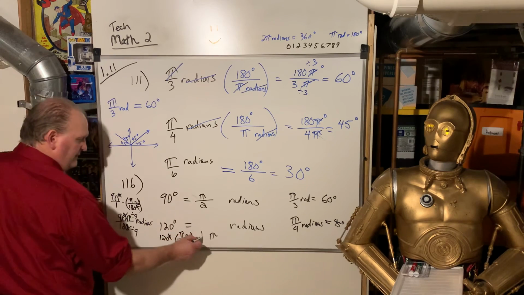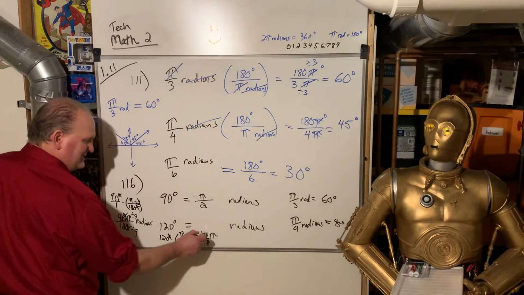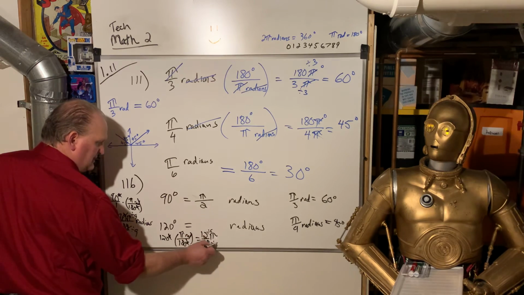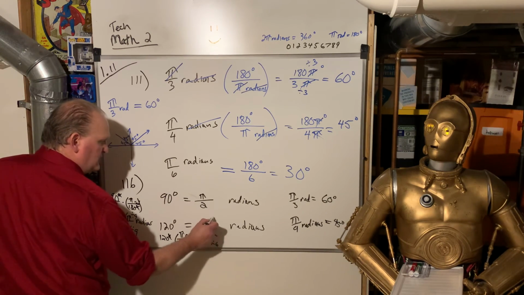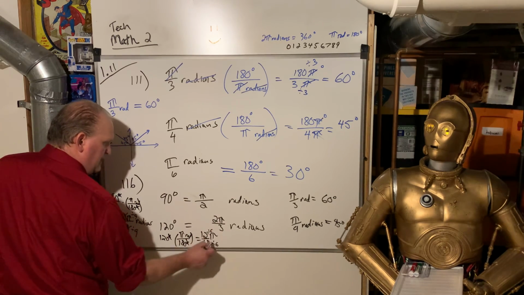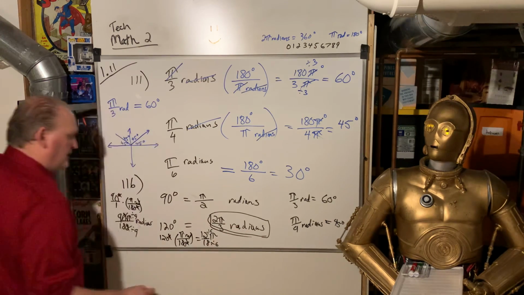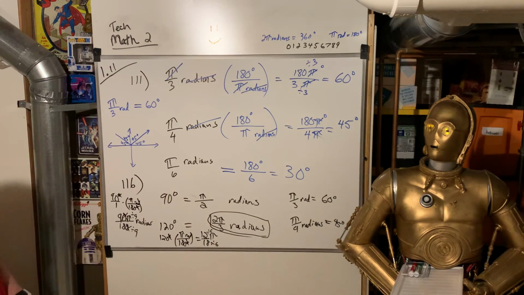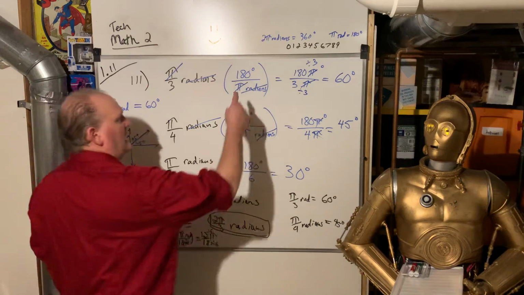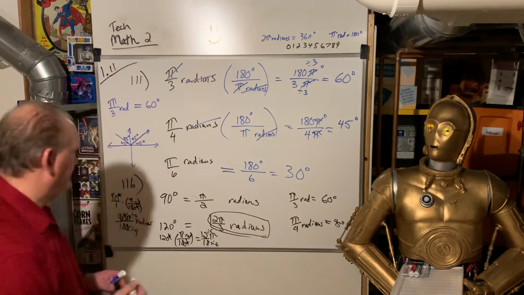That's 12 over 18. And then what? I can go by 6. Divide top and bottom by 6. So I end up with 2 pi over 3 radians. All right? So I think it's easier to always think of it as you're multiplying by either 180 over pi or pi over 180.